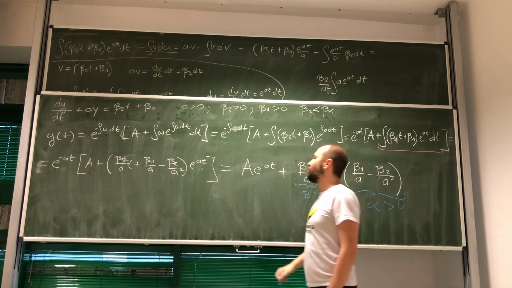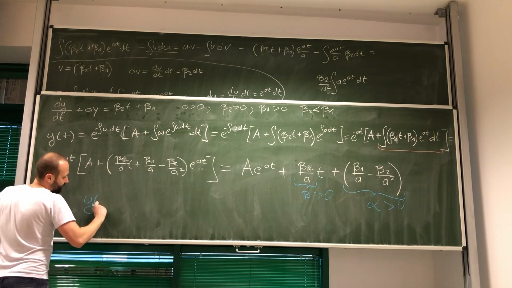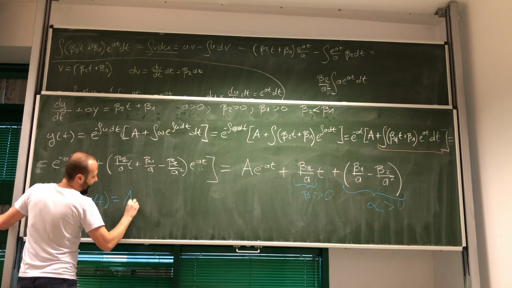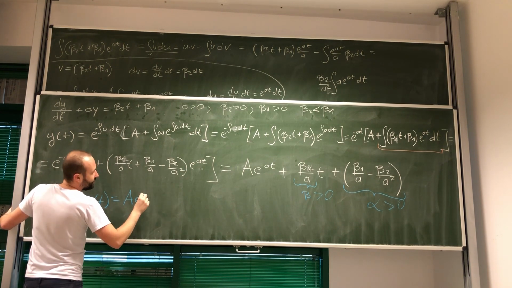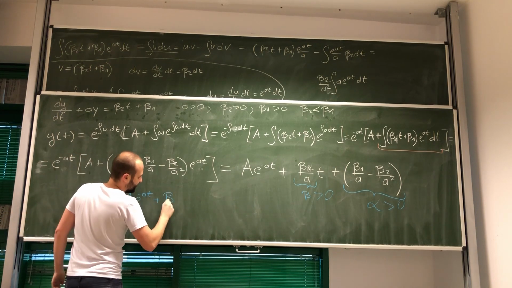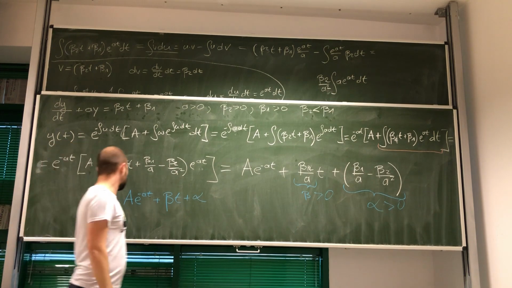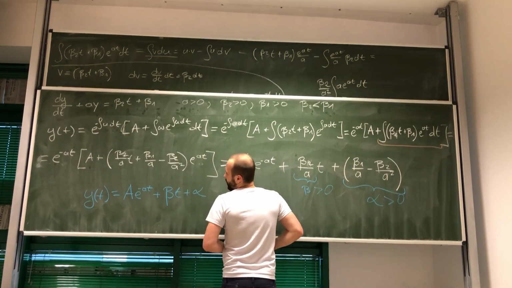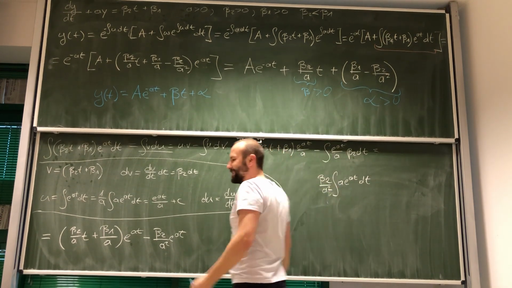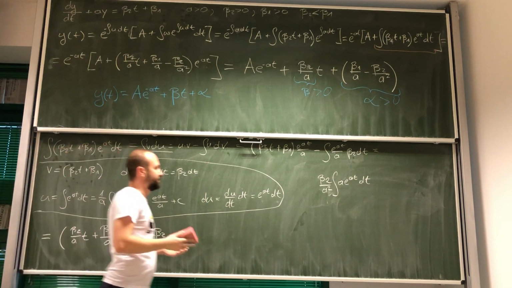So the equation that we finally got has the form: the time path of GDP is given by a e to the power negative at plus beta t plus alpha.